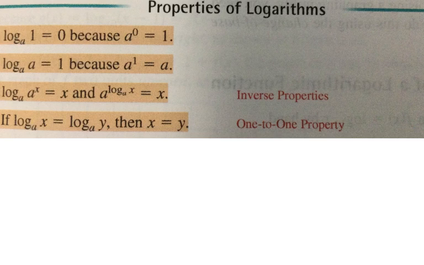Now this one here, whenever I have an exponent inside my argument, I can move it to the front as multiplication. So this is the same thing as x times log base A of A. I think we did this. You have done it. Yeah. Now you have log base A of A is 1. 1 times x is x. So what they're saying is log base A of A to the x is just x.